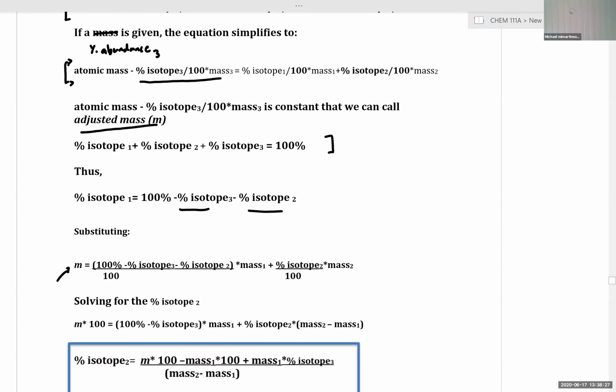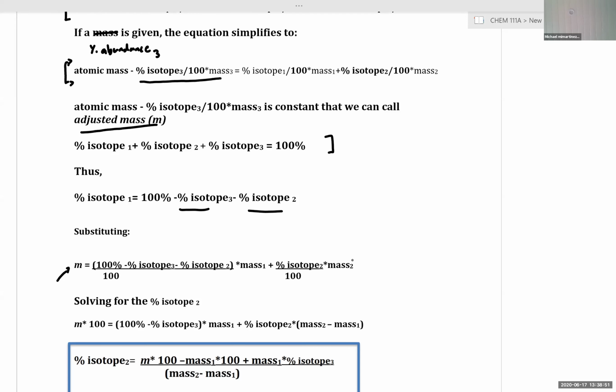M, which is our adjusted atomic mass, is equal to 100% minus the percentage of isotope 3 minus the percentage of isotope 2, over 100, times the mass of isotope 1, plus the percentage of isotope 2 times the mass of isotope 2. Now, I'm not necessarily expecting you to memorize this derivation, not at all.